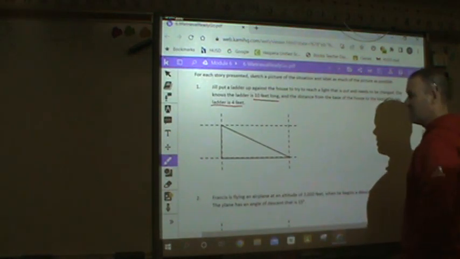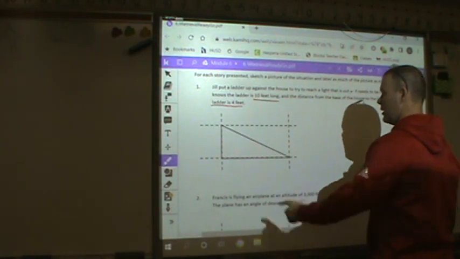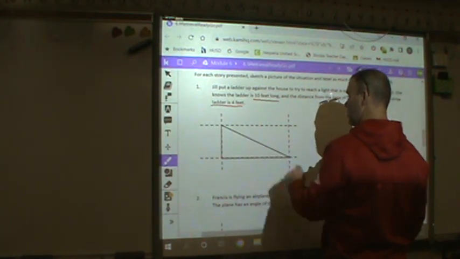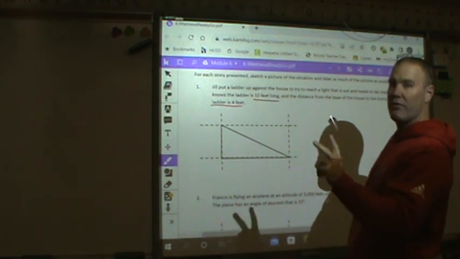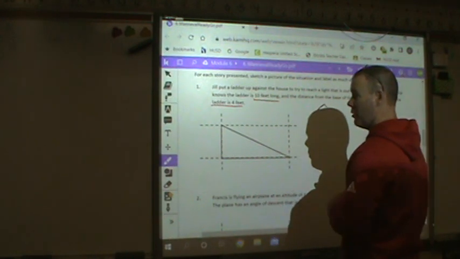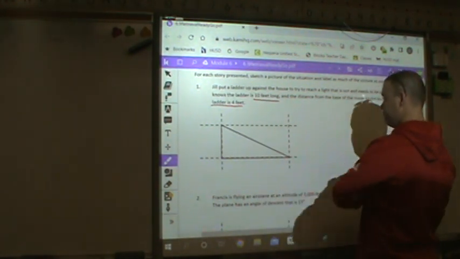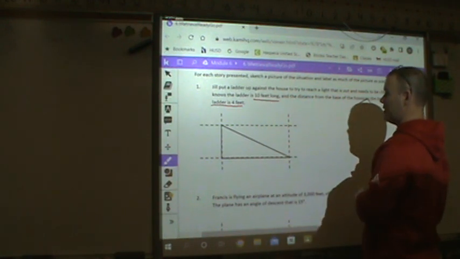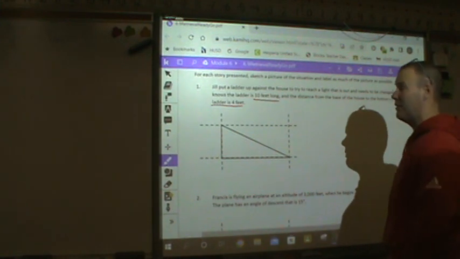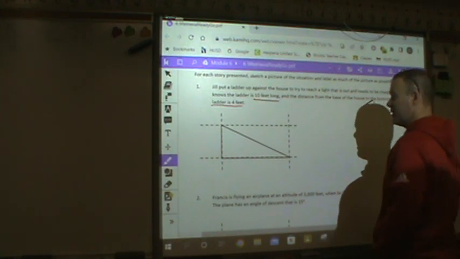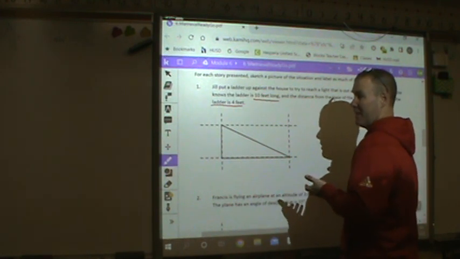So when we look at this diagram, I'm going to look at it a couple of different ways. I'm going to look at it as a triangle, and I'm also going to look at it as a rectangle. Why both figures? You'll see eventually why both are important. If I look at this diagram as a whole, and it says a ladder is 10 feet long, what part of the diagram represents the ladder? You might say, it's that line. Well, that line doesn't tell me what that line is.